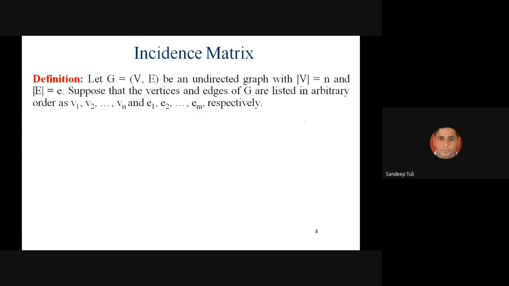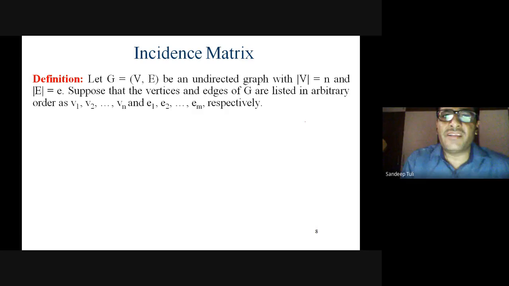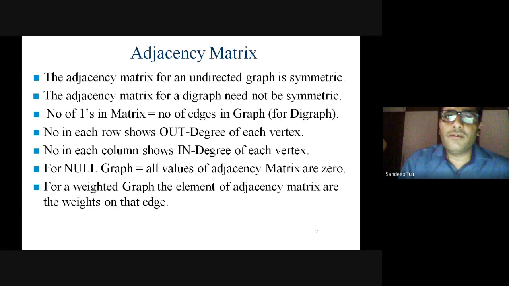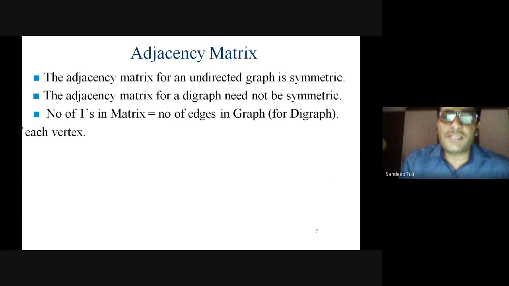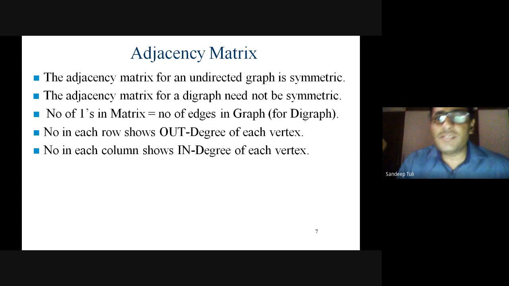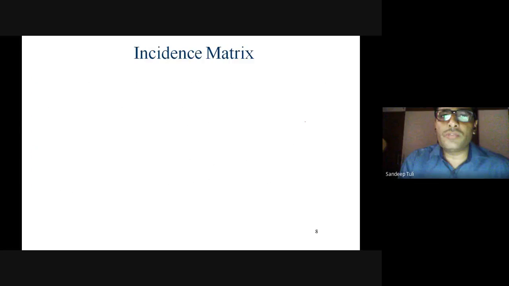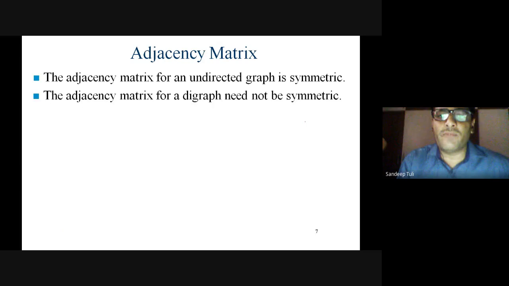So this matrix will be a relationship between vertices and edges, not only vertices. In the adjacency matrix, we found the relationship between vertex and vertex only.